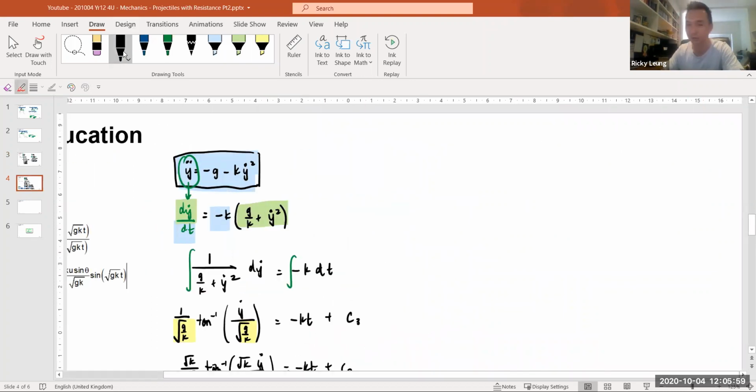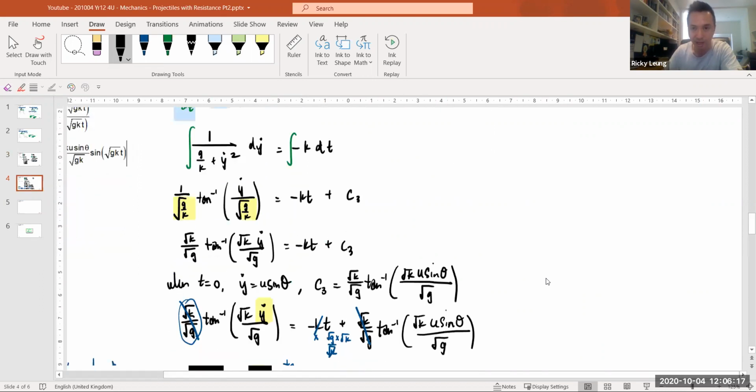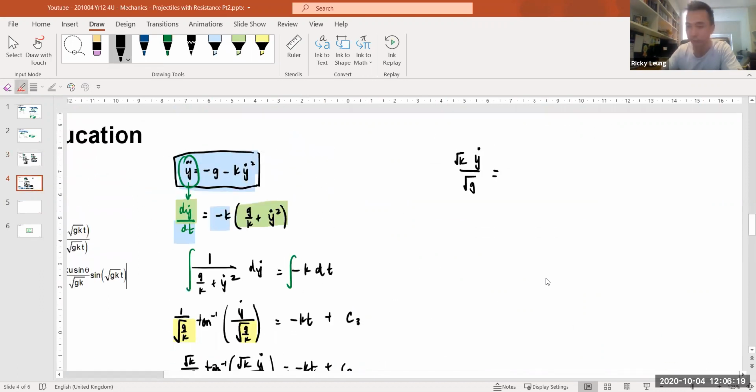So let me see what I got here. I got root k, t, also t rather, it's v on root g, right? When I tan inverse. On the right, now let's see, I'm tanning the tan inverse first because that's the positive element. So it's going to give me root k u sine theta.